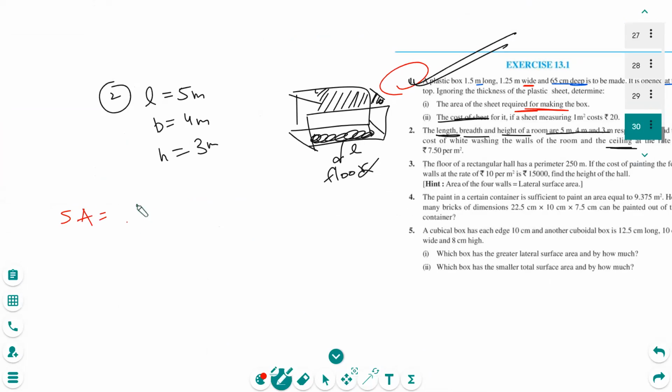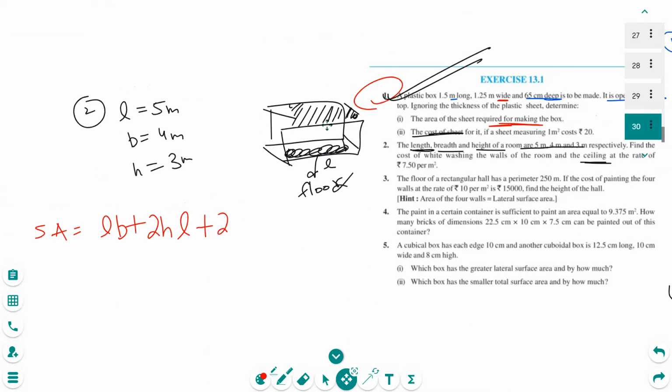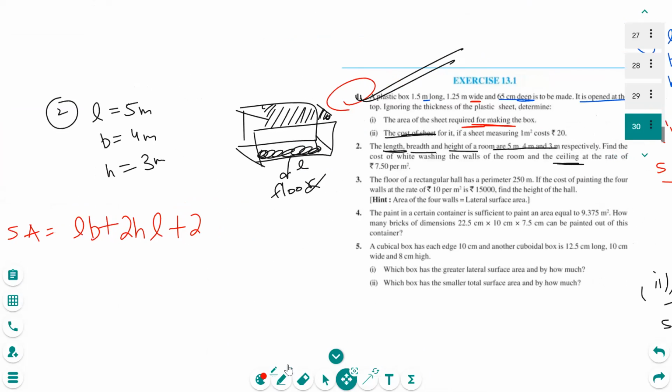Surface area formula here will be LB plus 2HL plus 2BH, right? 2BH. If you don't remember, you can just derive it. Just a second.